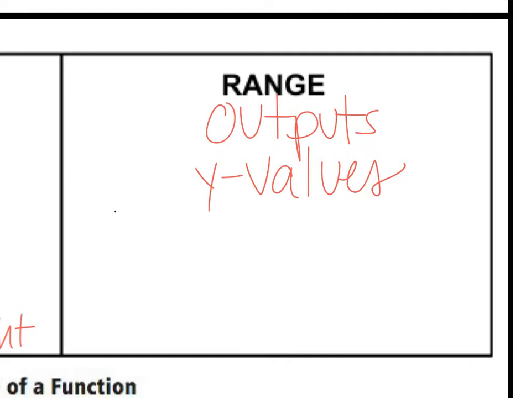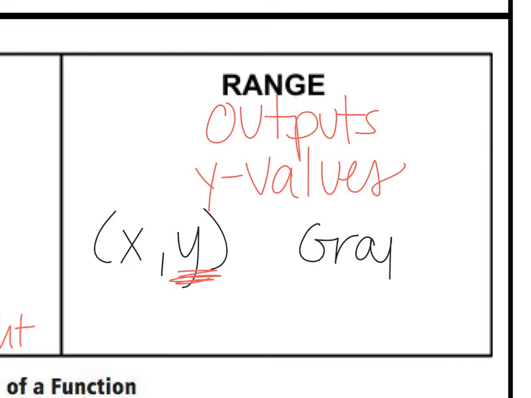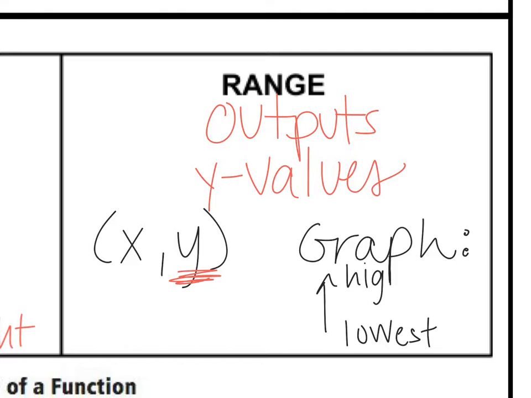If we're looking at a point, we're looking at the second number since we want the y values. And if we're looking at a graph, we want to look from lowest to highest. So I have an arrow drawn there. Lowest to highest.